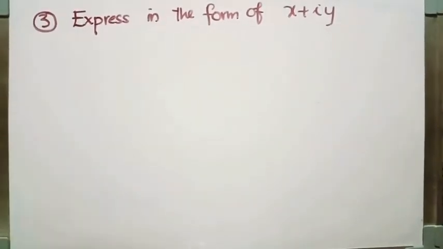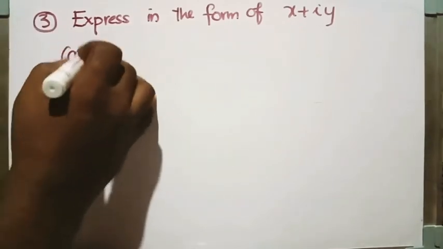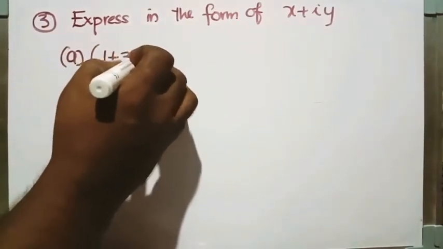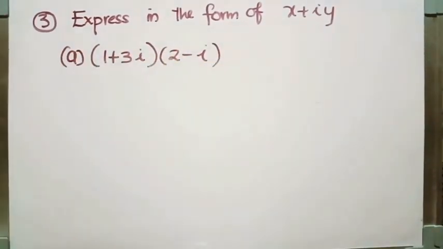For that, let's take one question: 1 plus 3i into 2 minus i. Let's see how to express this in the form of x plus iy. The work is very simple. Though it is a complex number, as I already informed you, we have to use the normal mathematical steps.